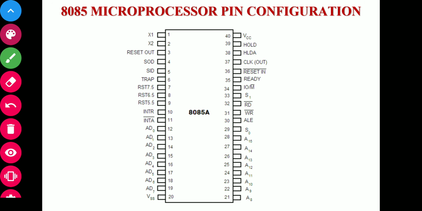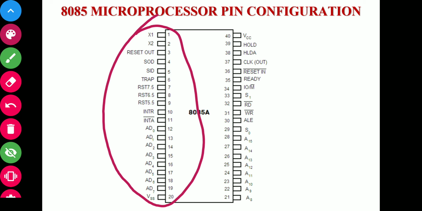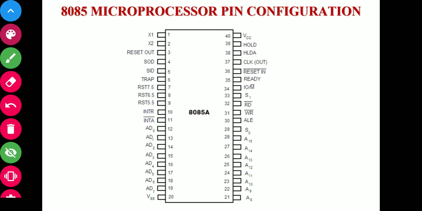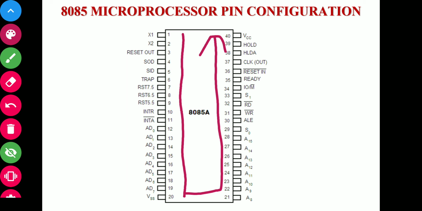So this is the 8085 microprocessor pin configuration. The 8085 microprocessor has 40 pins. Each pin in the 8085 microprocessor is used to perform different kinds of operations. You see here 1 to 20, then 21 to 40, so there are totally 40 pins, and each pin is used to perform a kind of operation.